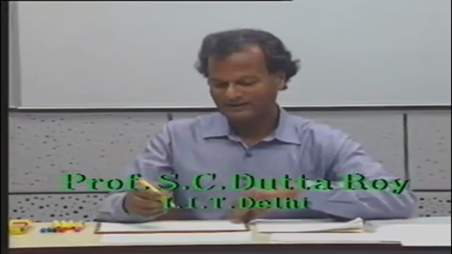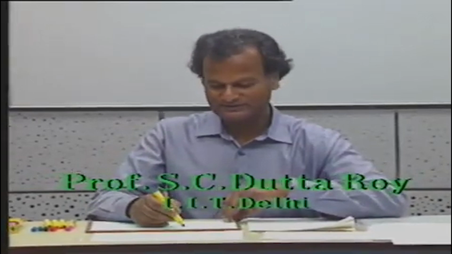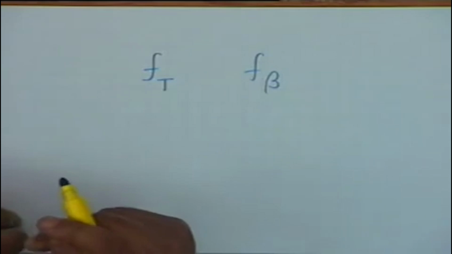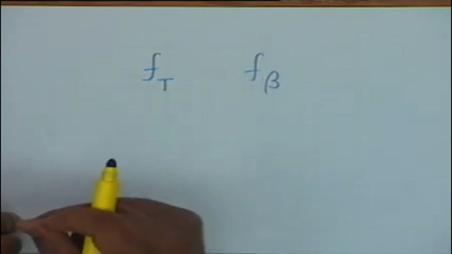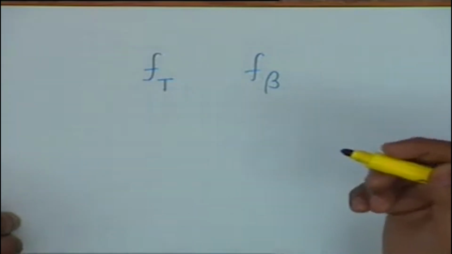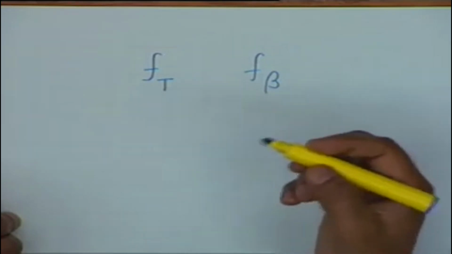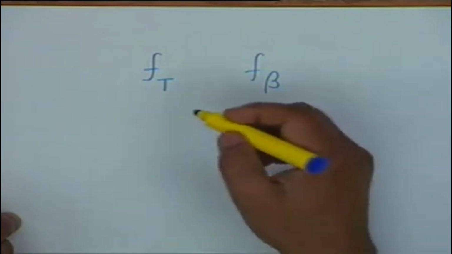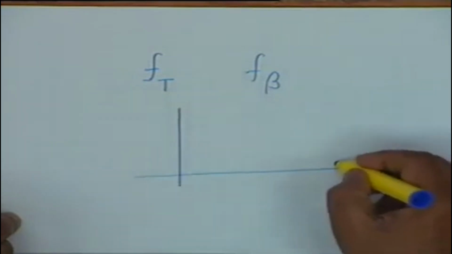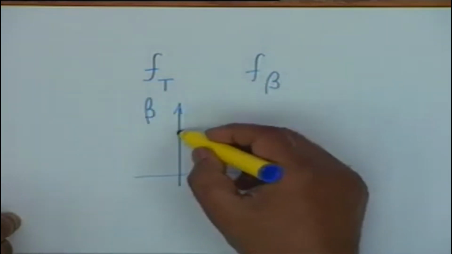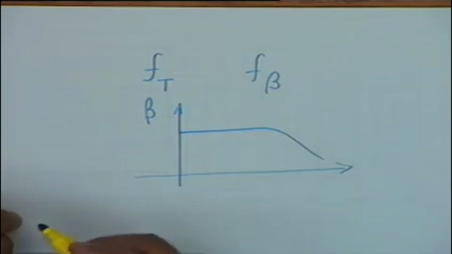In the last lecture, I had introduced the terms f_t and f_beta for the figure of merit of a transistor, and I explained that if you measure beta, that is the short circuit current amplification factor of a transistor, then beta varies with frequency, and the variation is like this.